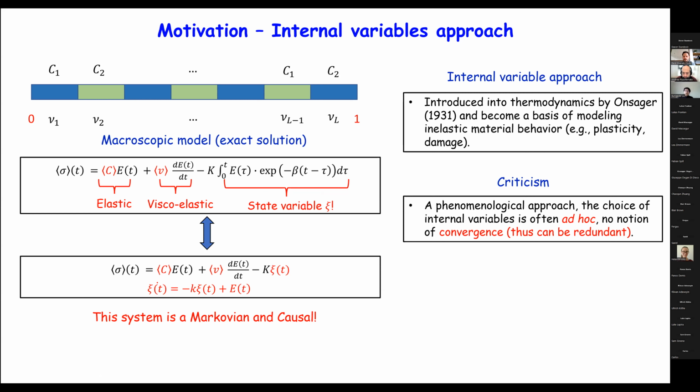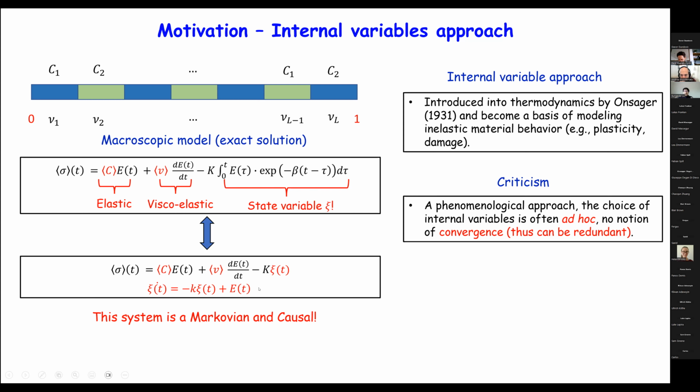So basically, what we do in the internal variable approach is that we know the material is history dependent, but we make it Markovian by including internal state variables. For example, in this 1D example, I can write this convolution operation as a state variable C, and because of this special convolution structure, I can derive that the state variable is going to evolve by this evolution law, which states that C dot is just minus k C plus epsilon of t.